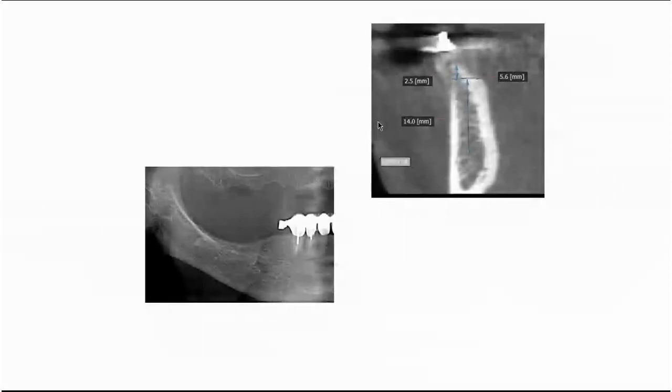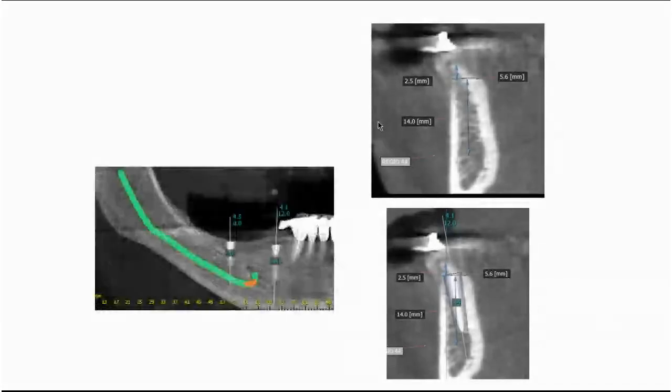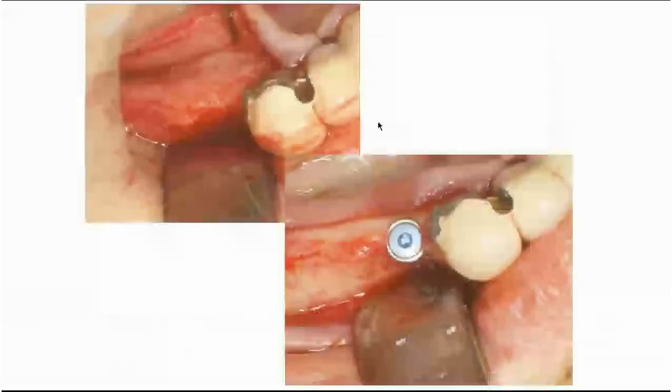I will cut this upper, thin part, and then I will have enough place to place the implant, and this could be an ideal situation for implant placing. And this was the beginning situation we should follow.